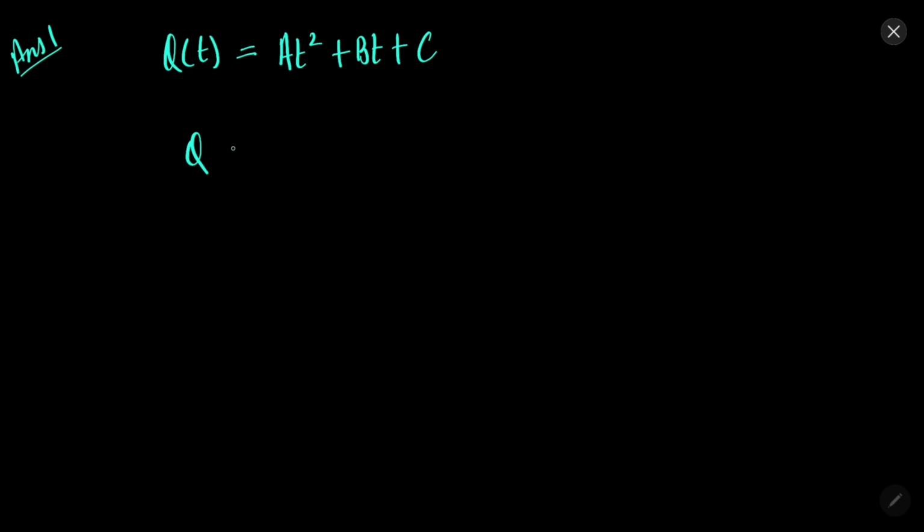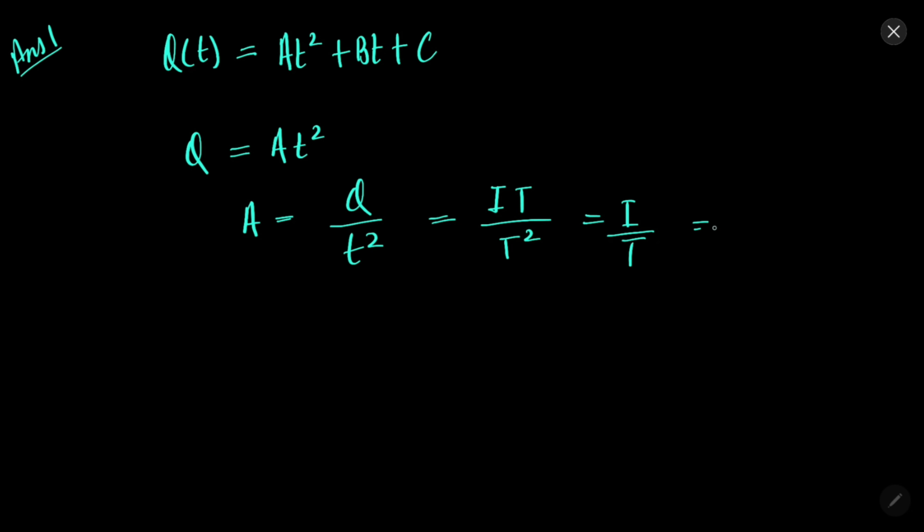So At square must have the dimension of Q. So A will be Q over T square, and Q has dimension of current into time. So current into time over T square will give us I over T. So the dimension will be I T minus 1.